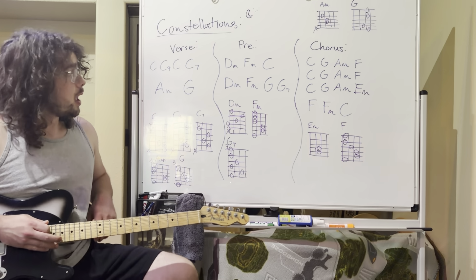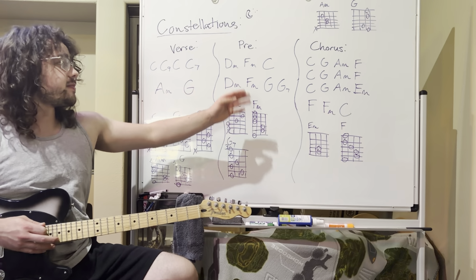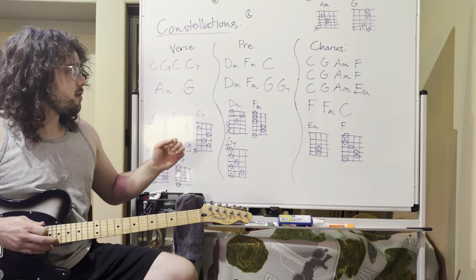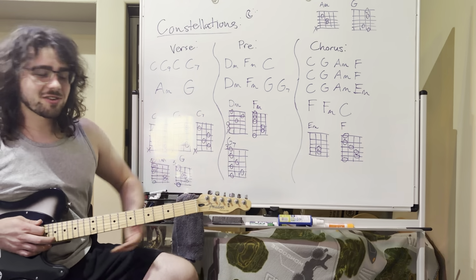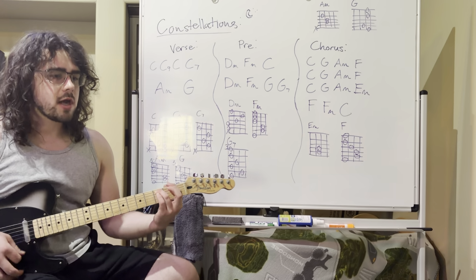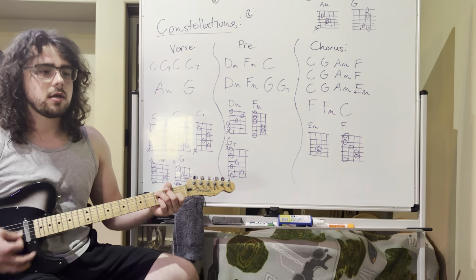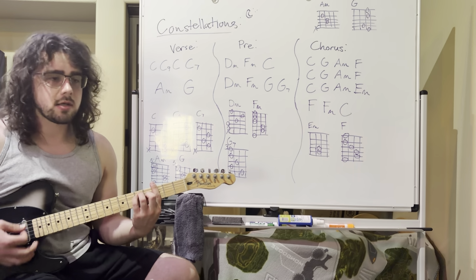That's it. Pre-chorus: D minor, F minor, C, D minor, F minor, G, G7, chorus. All right, all together.